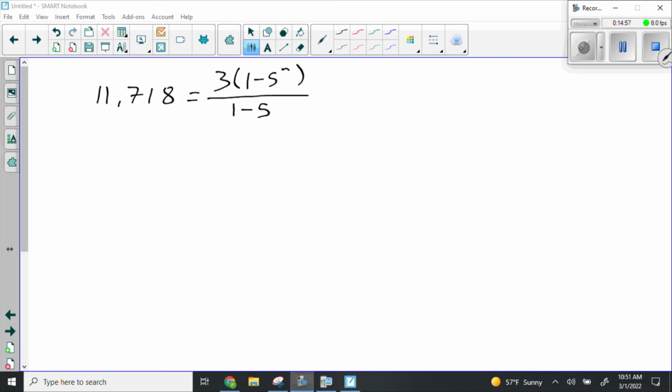I'm going to move this over here so that we don't run out of room, because this is going to be a couple steps. 3 times 1 minus 5 to the n power over negative 4.